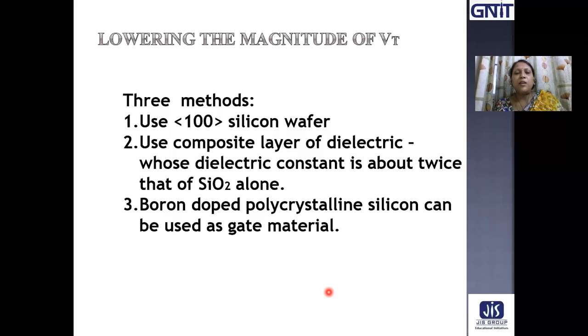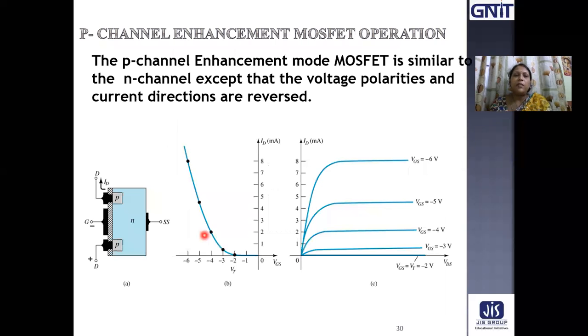Use a composite layer of dielectric whose dielectric constant is about twice that of SiO2 alone. Then also V threshold can be decreased. Boron doped polycrystalline silicon can be used as gate material.